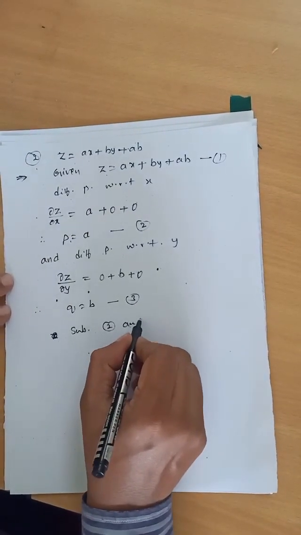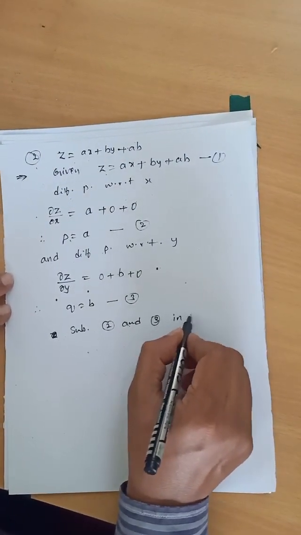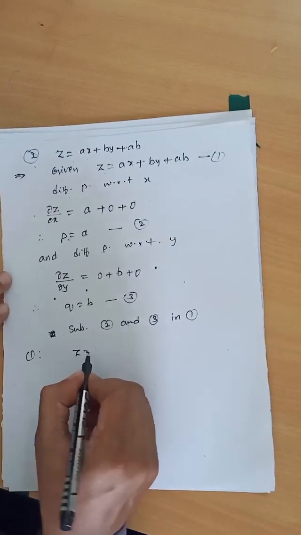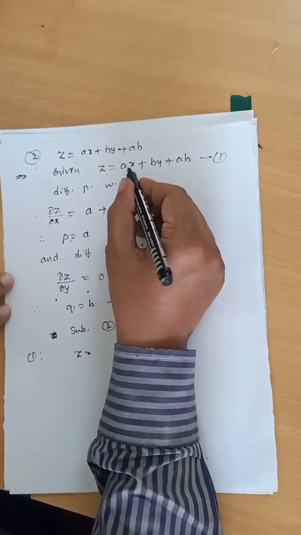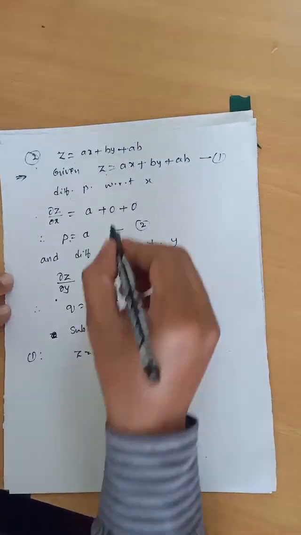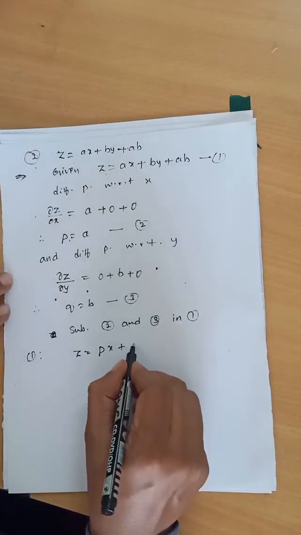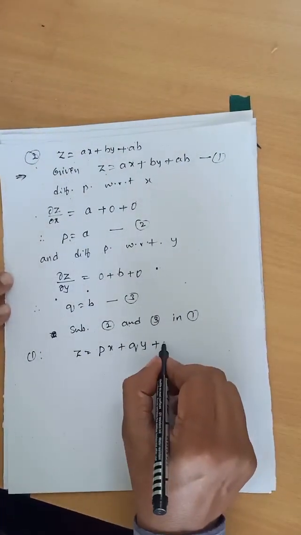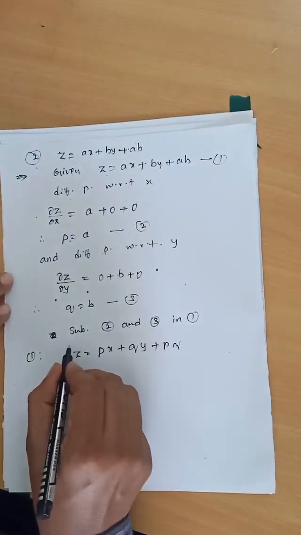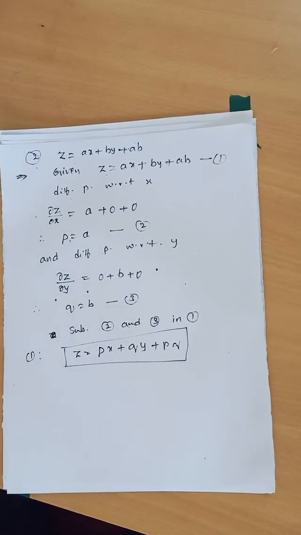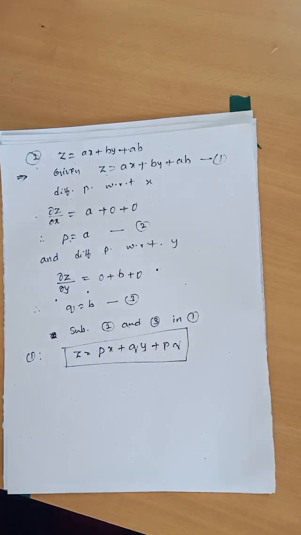That is, z is equal to a is p into x, plus b is q into y, plus a is p, b is q. So this is the required partial differential equation by eliminating arbitrary constant.